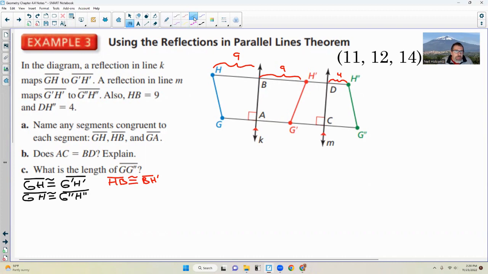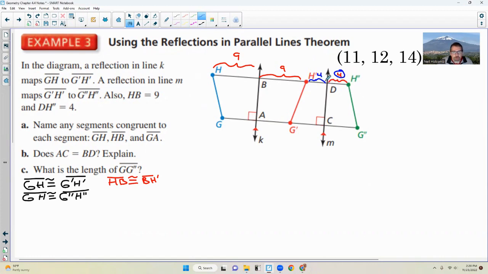But what we can confirm now is, since this is 4 and this is a reflection, this has to be 4. So H prime reflected over line M, the distance from the pre-image to the line of reflection will be equal to the distance from the line of reflection to the image.